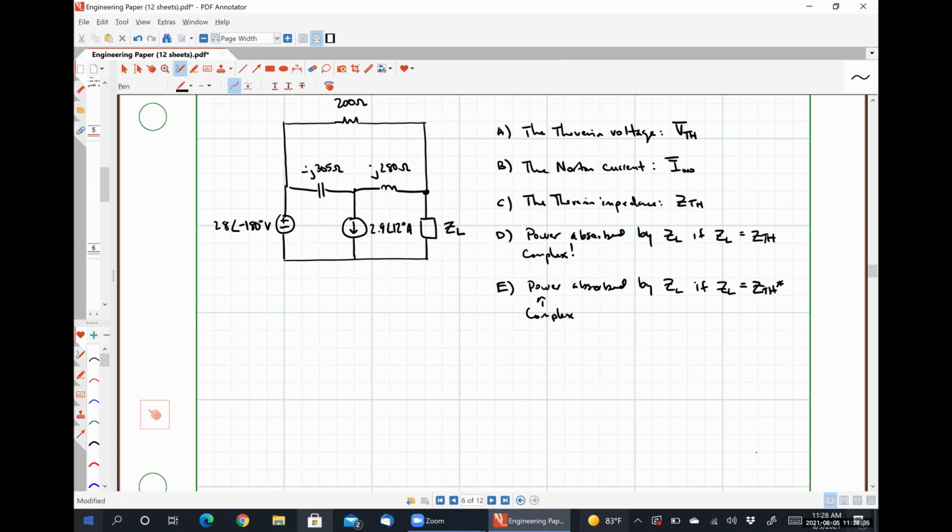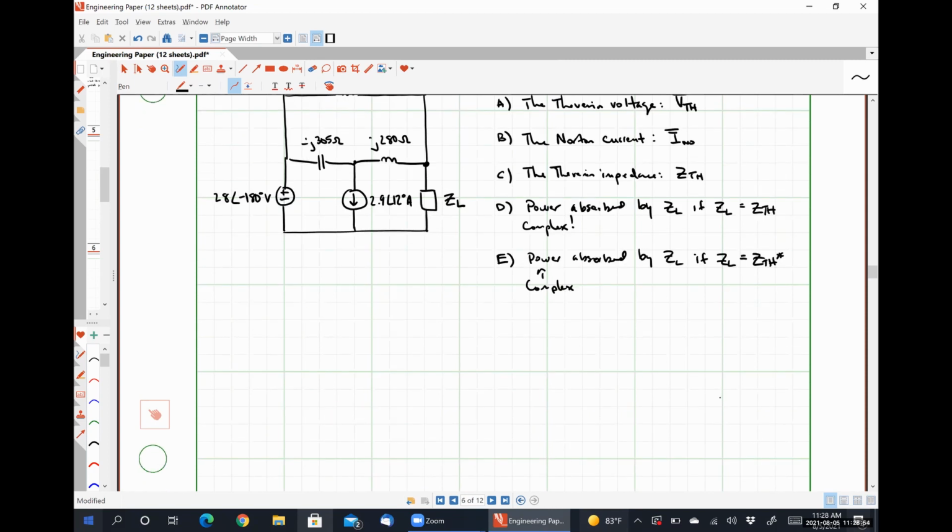I would argue you don't necessarily have to do nodal or mesh, but open circuiting the element of interest is absolutely correct. I'm glad at least one of you remembers that. If you remember that kind of thing, you're in fantastic shape for the final.